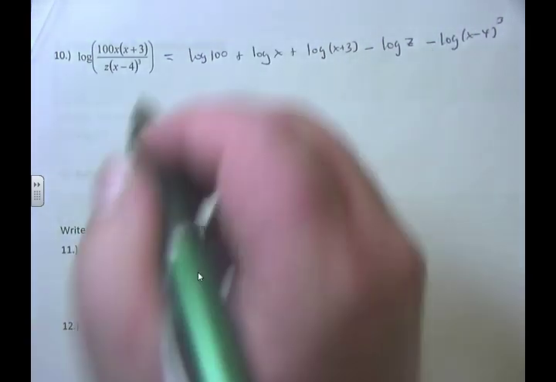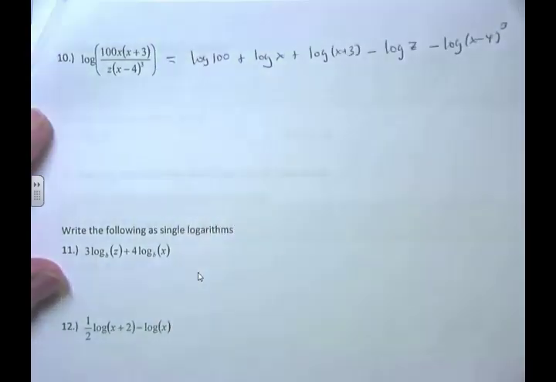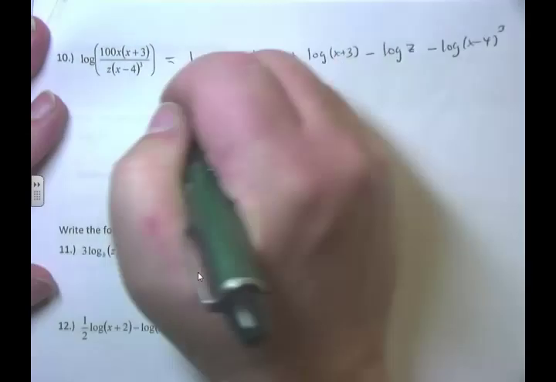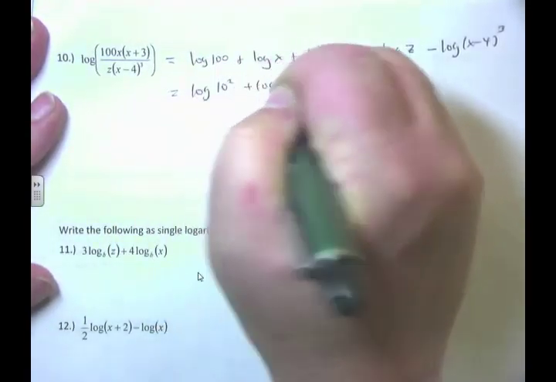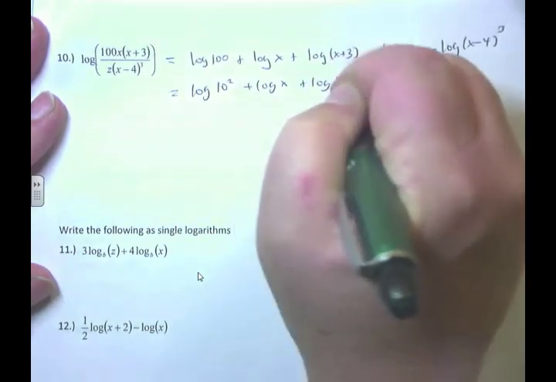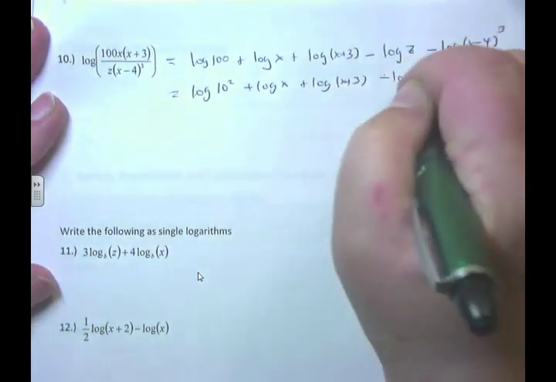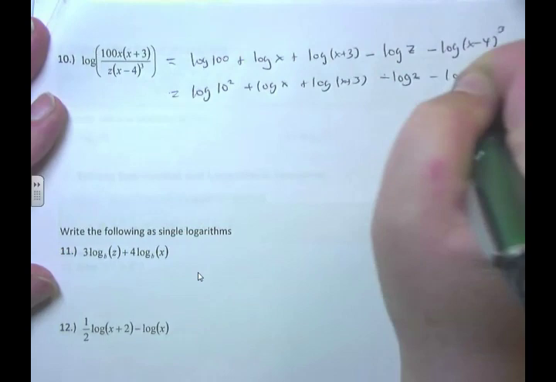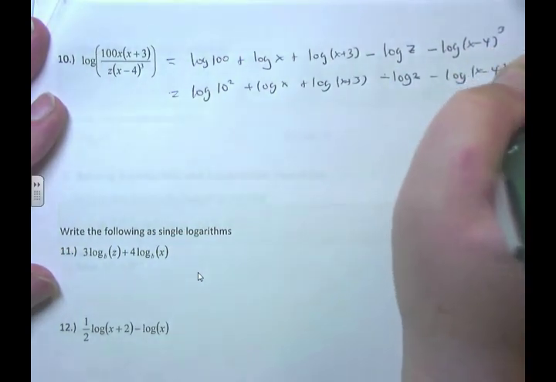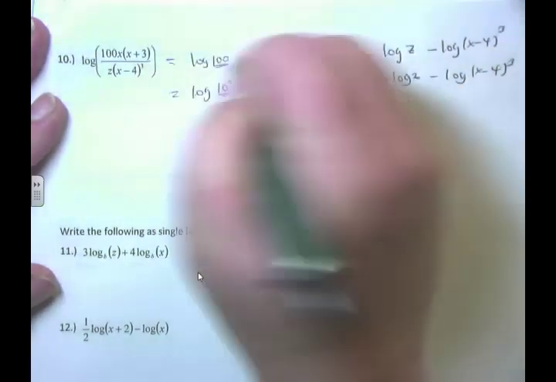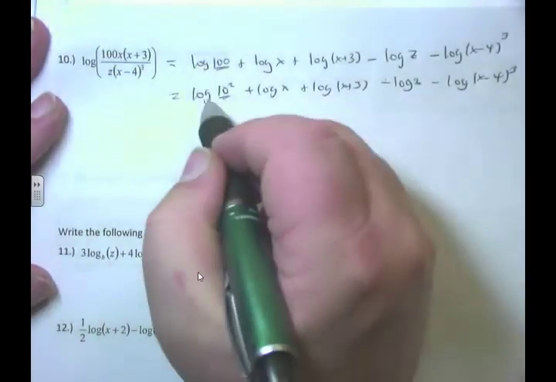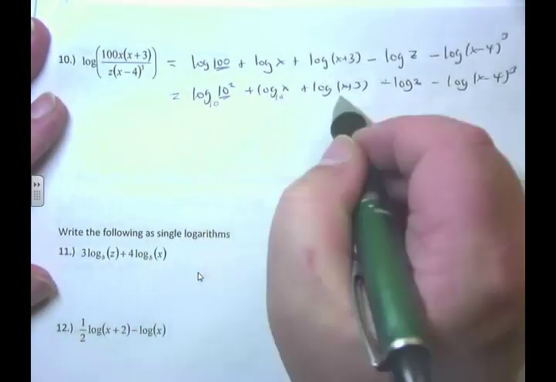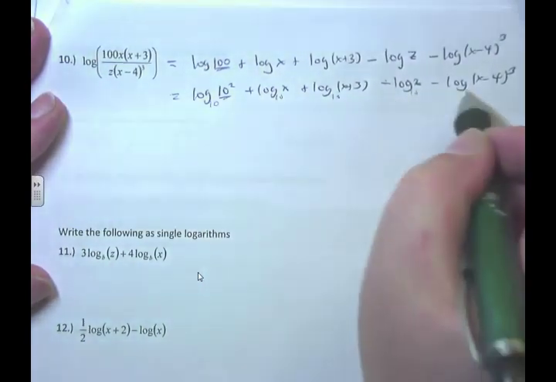Now, let's clean this up here. What base is on these logs? Understood even though I didn't write it down? 10. So this is the log of 10 squared plus the log of x plus the log of x plus 3 minus the log of z minus the log of (x minus 4) cubed. All I did was change my 100 to 10 squared. The reason why is because these are understood to be base 10s even though we don't write them down.